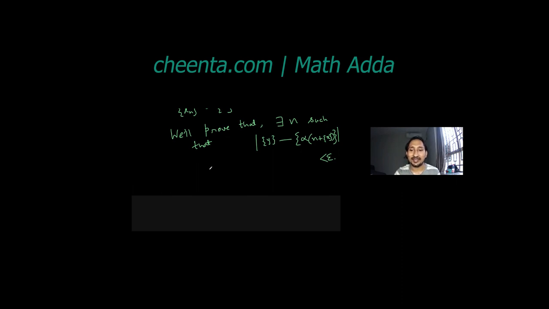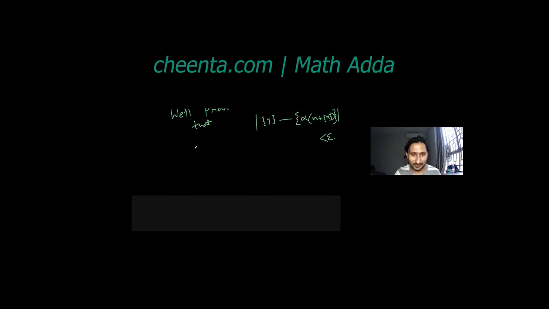Why? This thing here, alpha times n plus alpha times the fractional part of x, is the kind of thing that we have seen in the previous problem, the one with the person hopping on the circle. So this is the initial point.